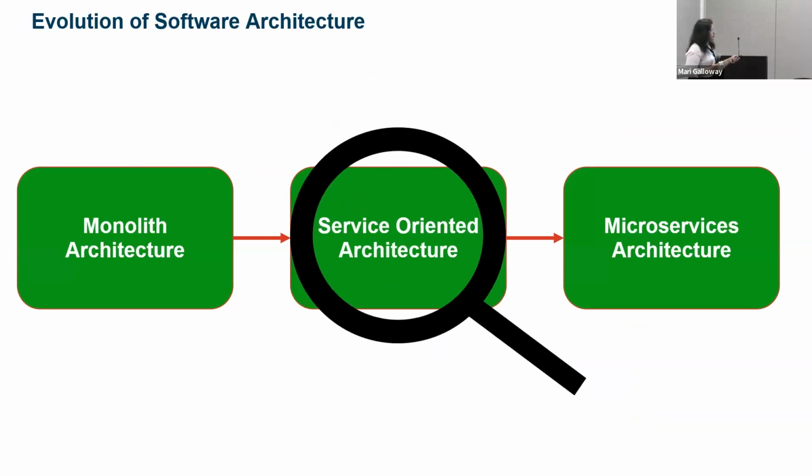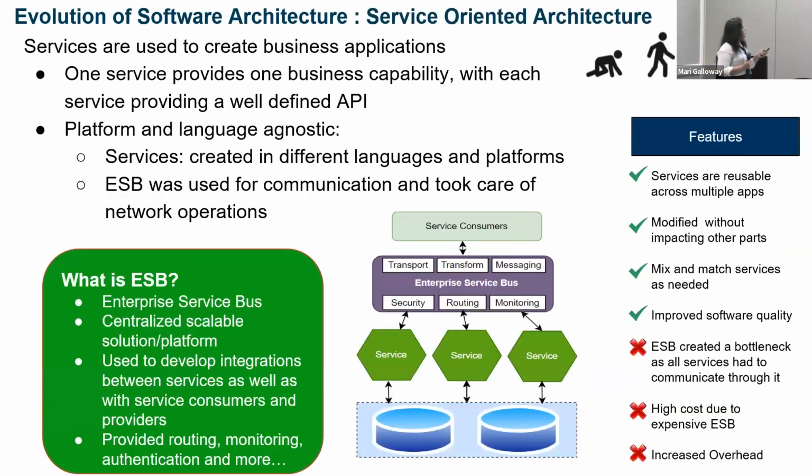Now let's look at what makes up this architecture. In the service-oriented architecture, the term services became popular. Developers started creating services. One service provided one business capability, and this service had a very well-defined API.